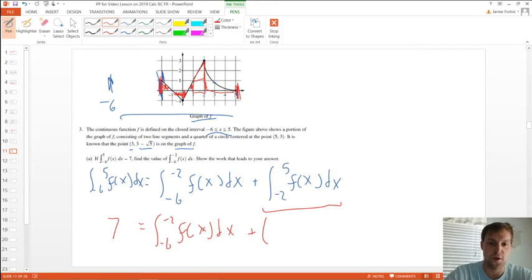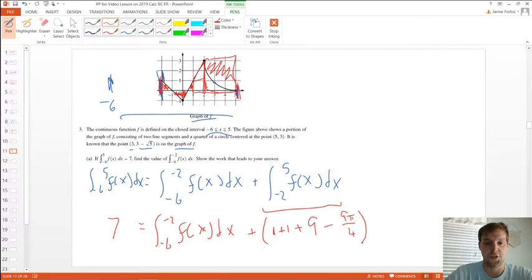That one square has an area of 1. That triangle is 1 times 2 divided by 2, which is 1. And then the region under the quarter circle is this entire square minus the quarter circle. That square is 3 by 3, so that's 9, and then minus the quarter circle, which is a quarter of pi r squared. So that's a quarter of 3 squared pi, or 9 pi over 4.